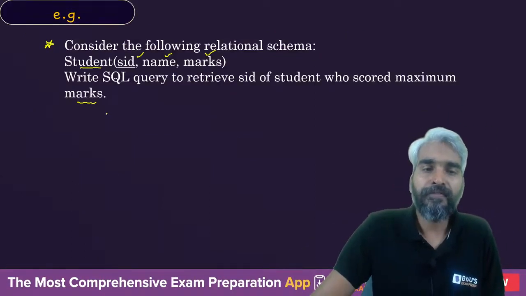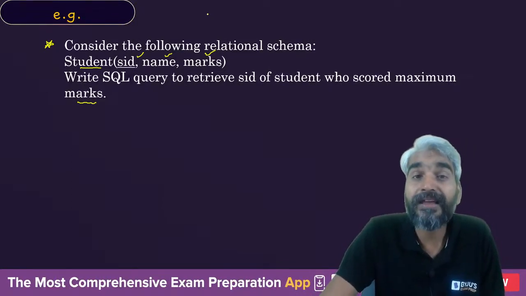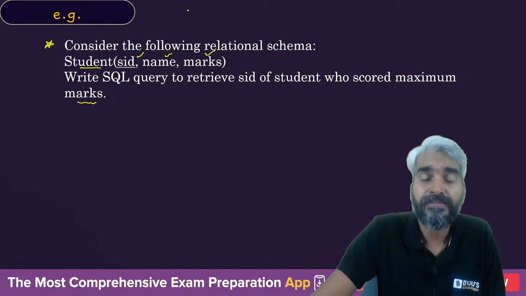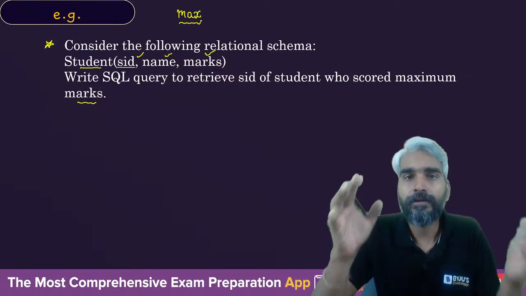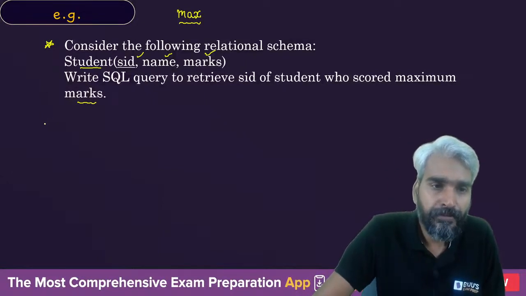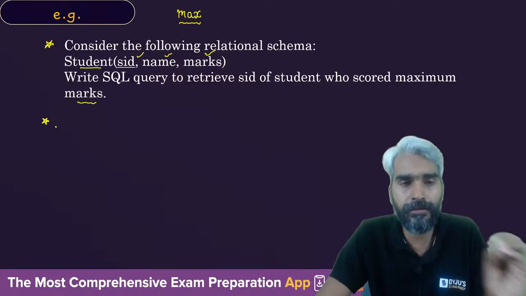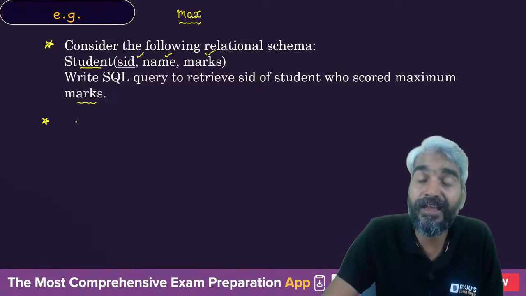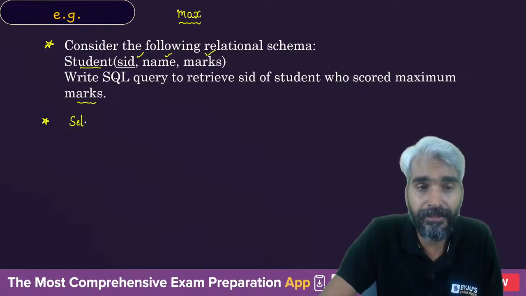Now, if you try to give the answer for this, then you all must know that there are some aggregate operations in SQL. There's an aggregate operation known as max, which can give you the maximum value of a particular attribute. But if you don't know the concept of nested query, then you may try to give the answer as, I'll be writing, select.